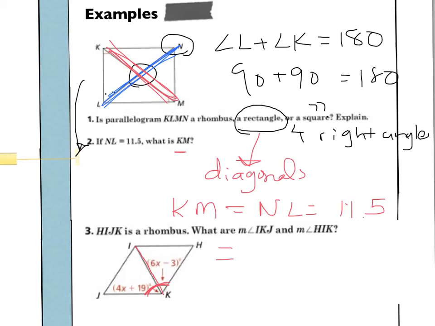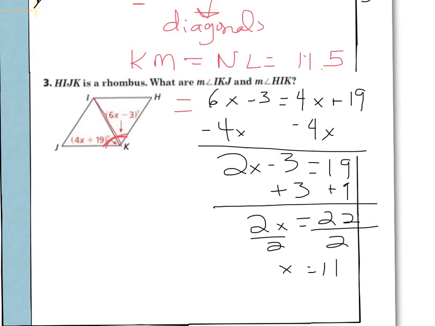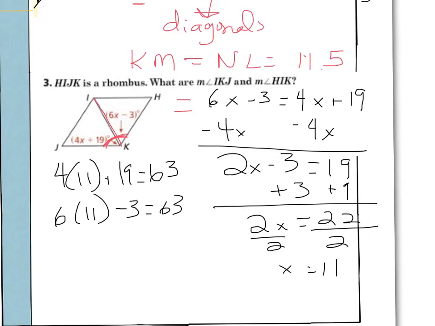So if we set them equal to each other and solve for x, we will find that x equals 11, and then substitute 11 for x into both smaller angles. We will find out that IKJ is going to be 63. And hey, HIK equals 63 too. And that's also what we were supposed to find because we know these are going to be congruent.